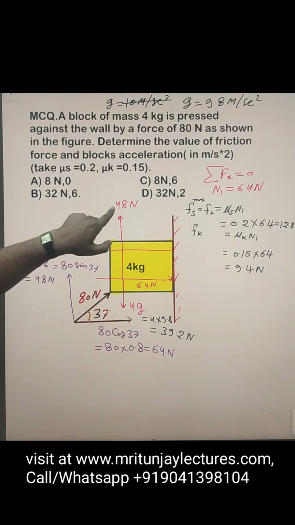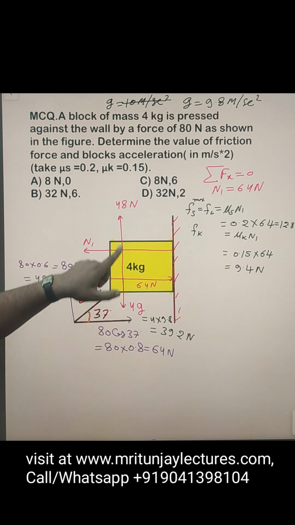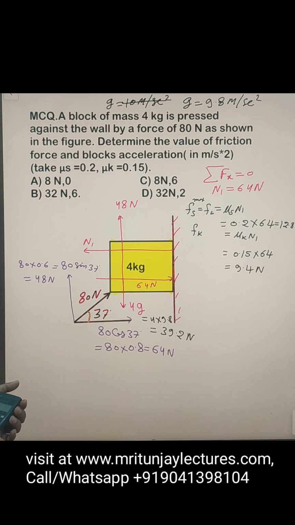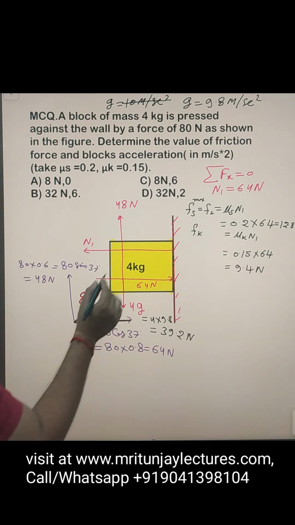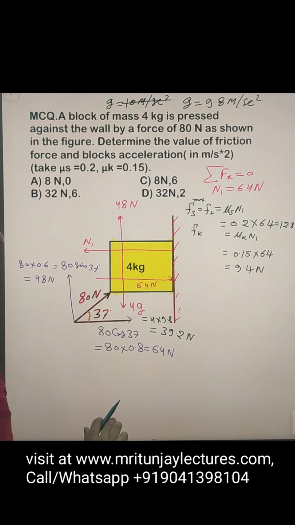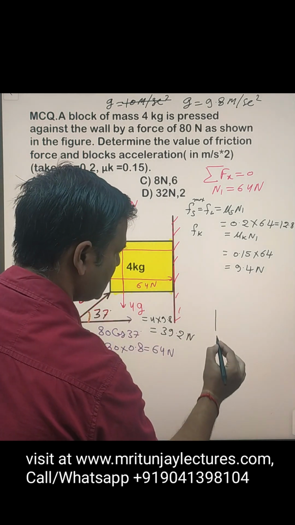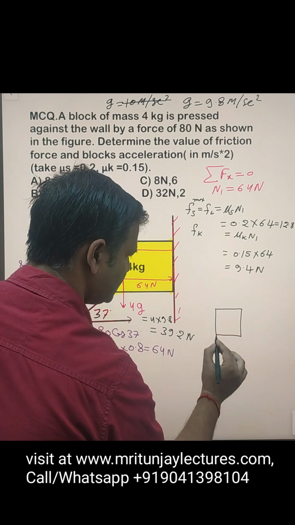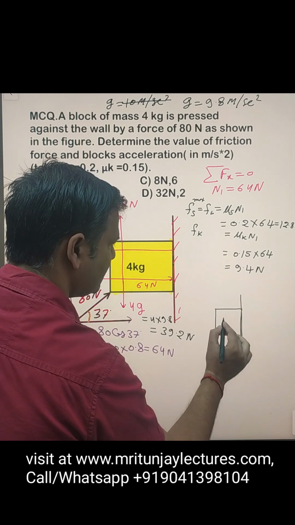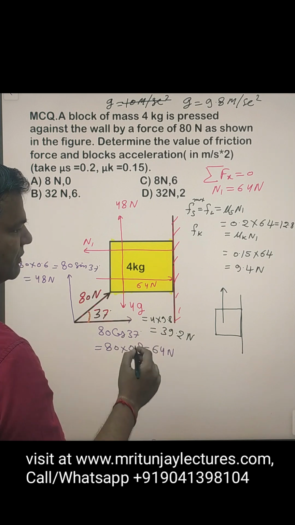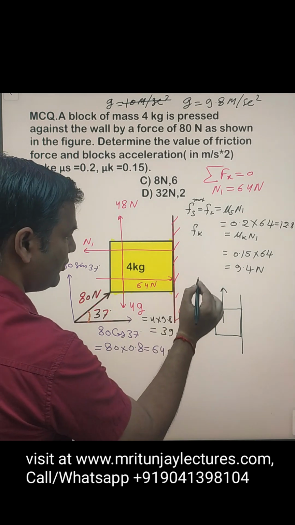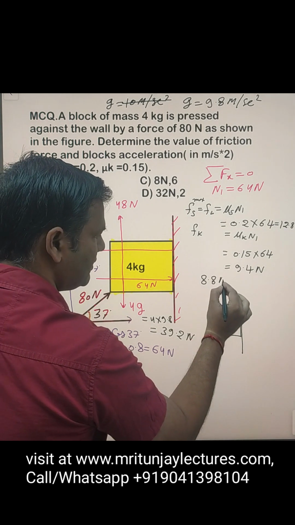48 Newton. Which one is higher? This one minus this one: 48 minus 39.2 is 8.8. The net force on this block is in which direction? Y direction. So make the free body diagram again. Here the net force is 48 minus 39.2, that is 8.8 Newton.